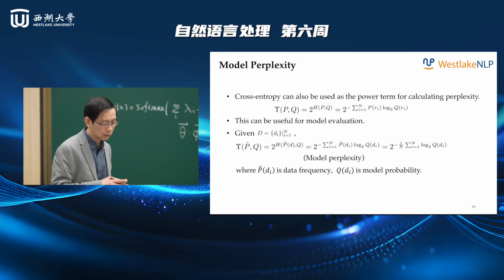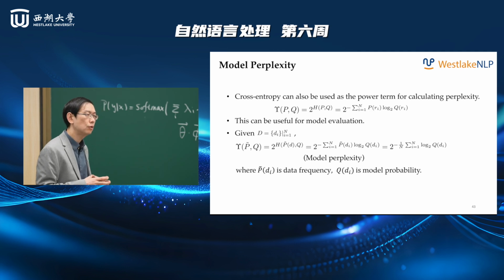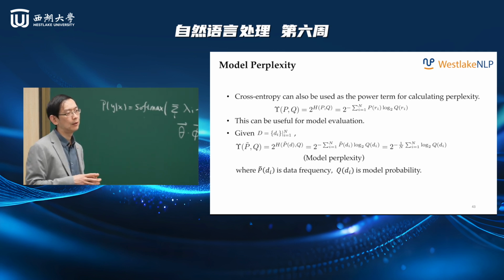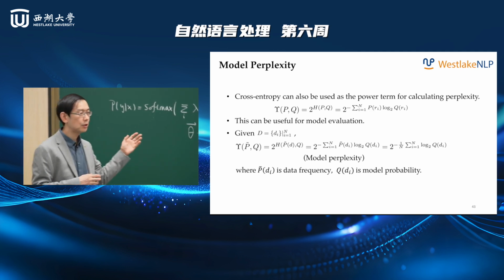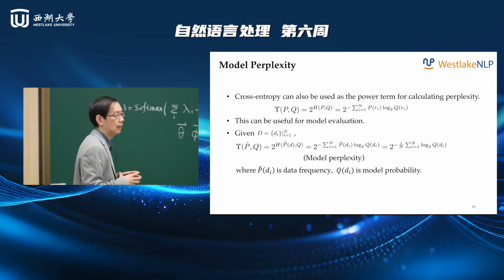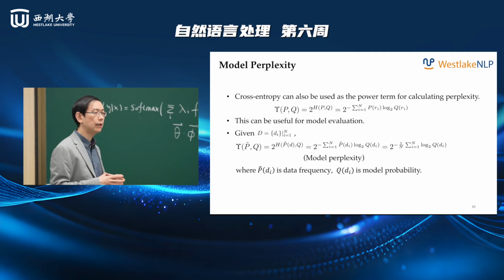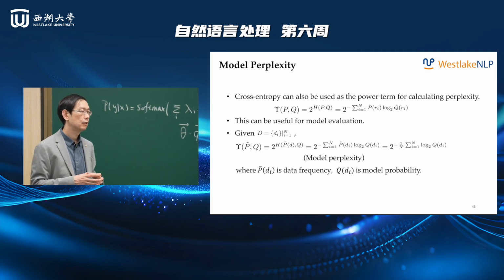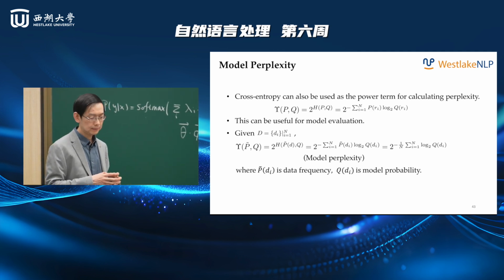This is called model perplexity. It tells you how different the model is from the data. All right. The larger the value is, the more different the model is from the data.